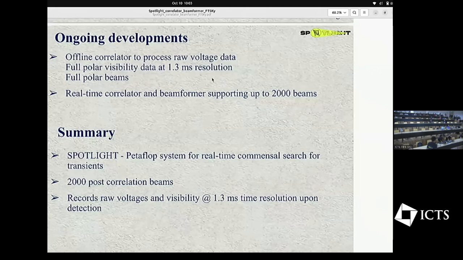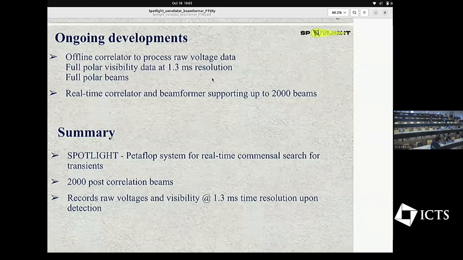Also about the transient buffer when you save the raw voltages: what are the plans for polarization calibration of those data, especially for FRBs? Because that will allow you to study the polarization for these things.